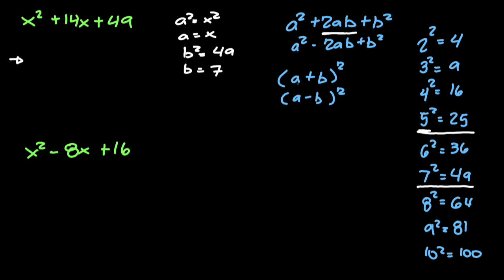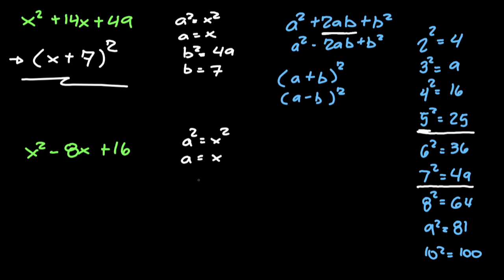And so now we will use this formula, a plus b raised to the power of 2. So it would be x plus 7 raised to the power of 2. For this one, x squared minus 8x plus 16. A squared here would be x squared, so a would be x.